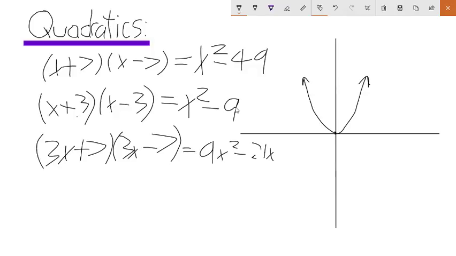And then 7 times 3x is a plus 21x. And then 7 times a negative 7 is, of course, negative 49. If we simplify this expression, we get 9x squared minus 49.